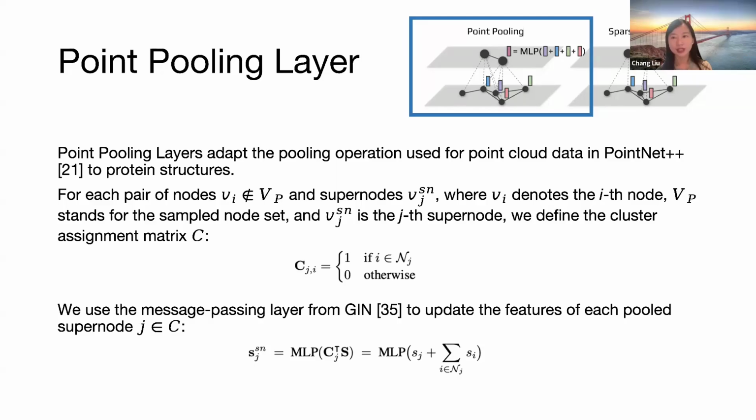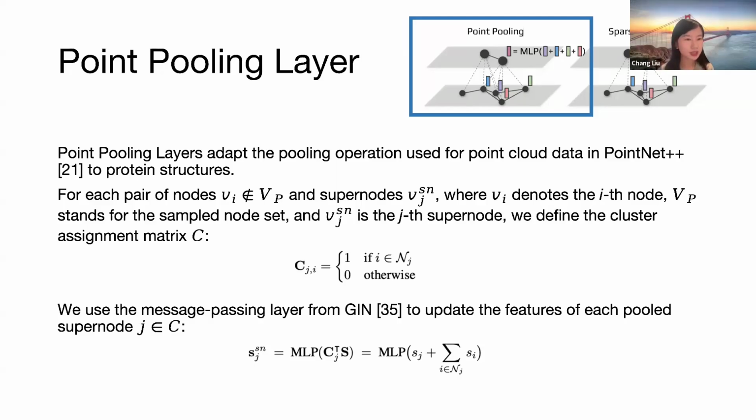We apply a sampling algorithm to select a subset of nodes and form them as supernodes. They are just sampled randomly, and the sampling happens at a global scale, not within a local segment, but across the entire protein chain.